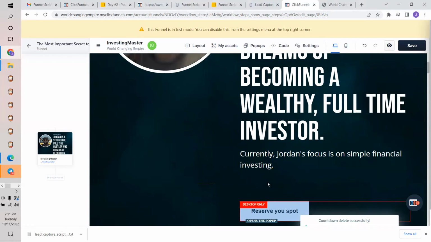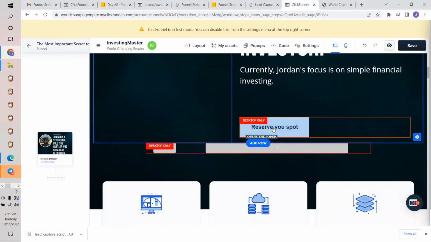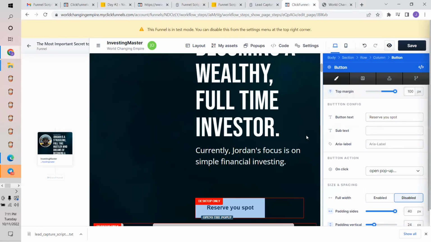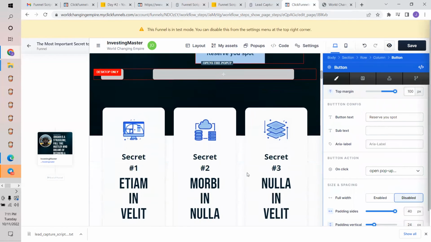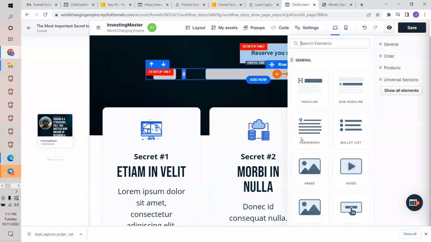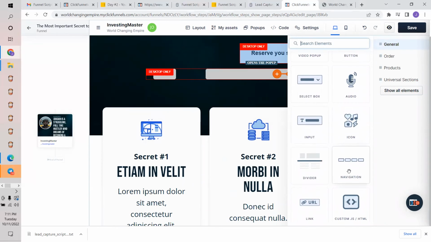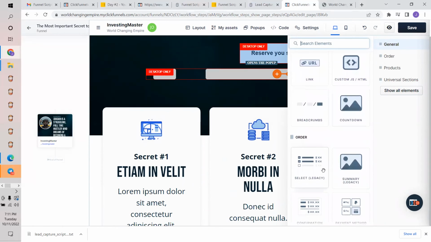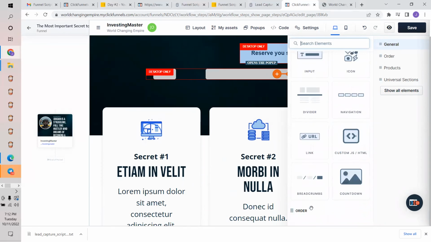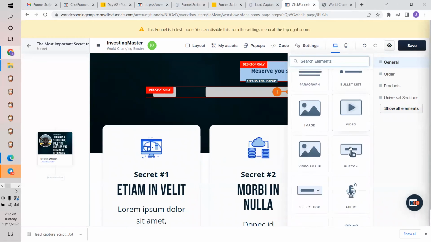Don't need a countdown. We can delete that. See, icon, input, navigation, countdown, select, confirmation, payment method, checkout. A lot of stuff right here.